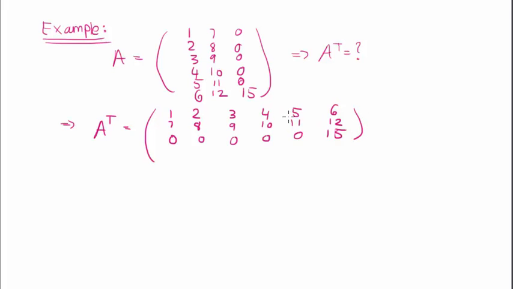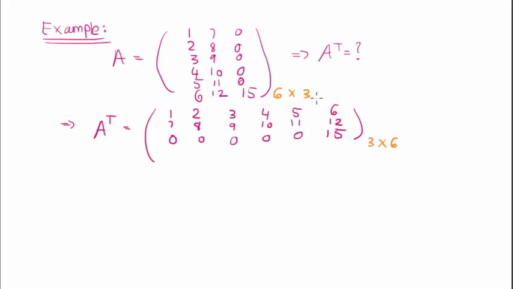So you can see that the dimension for my original matrix was what? 1, 2, 3, 4, 5, 6, so 6 rows. How many columns? 1, 2, 3. So it was 6 by 3. The A transpose, what's the dimension of that? 1, 2, 3 by how many rows? How many columns? 1, 2, 3, 4, 5, 6.